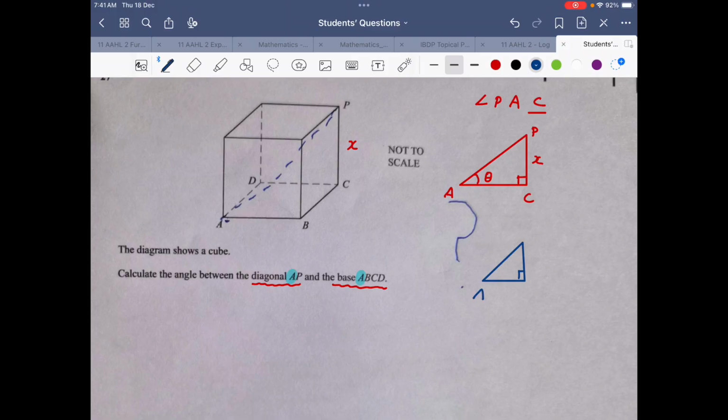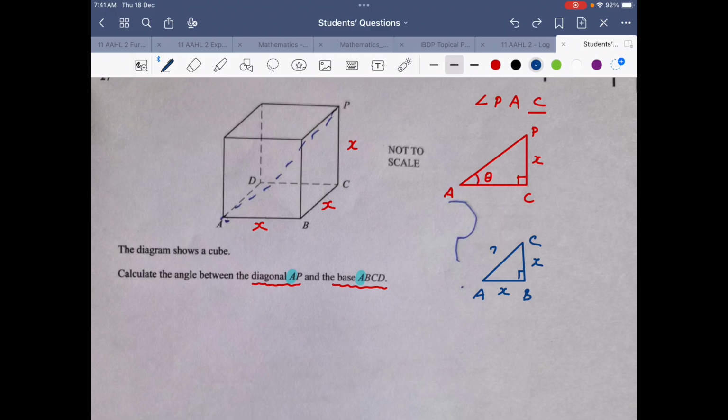We have A, B, C. Everyone agreed that PC is the same length as BC, same length as AB, since it's a cube. So we have BC being x and AB being x. Our task is to find AC so that we can use it over here.